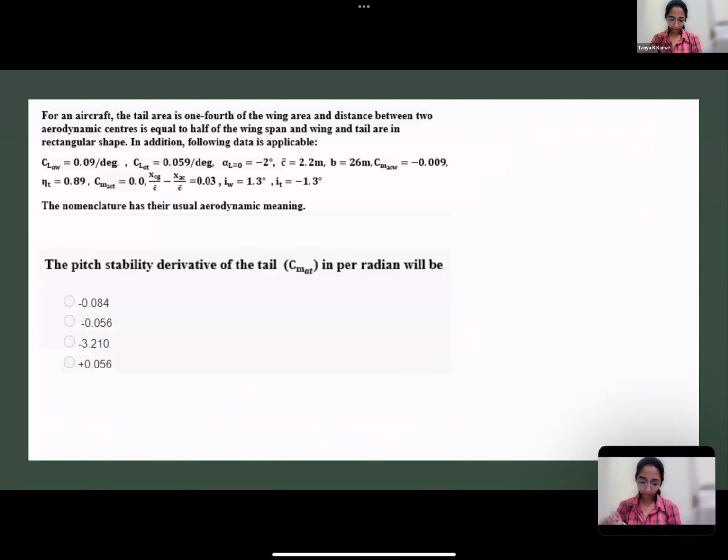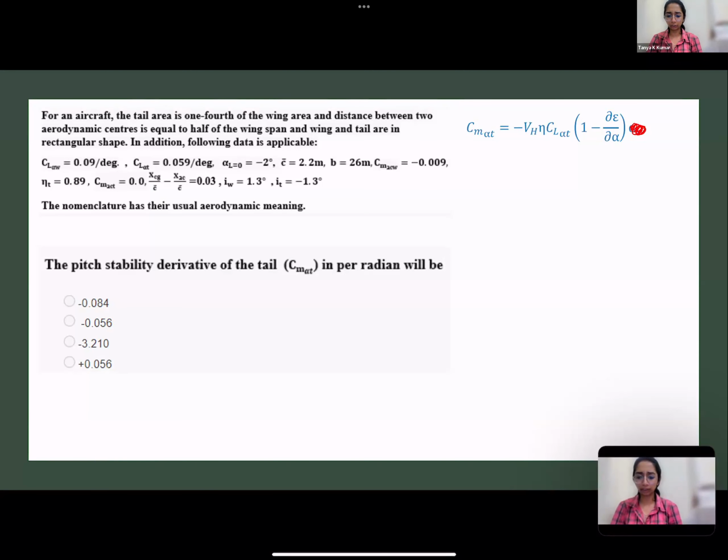Okay. Next, the pitch stability derivative of the tail. So the tail contribution towards CM alpha. What was the formula? This was the formula. VH we just calculated. All the other parameters you know. Try doing this. And this is not here. It's just this. Just calculate this and tell me.